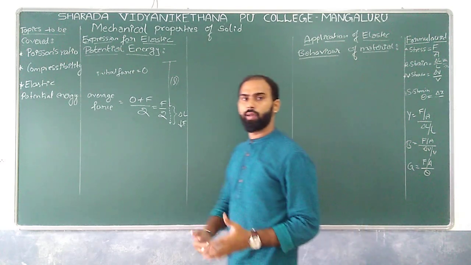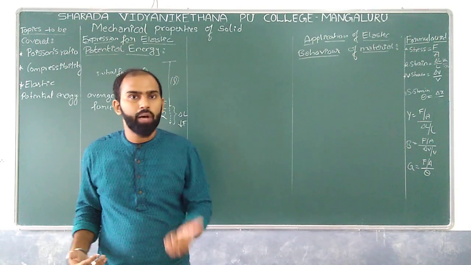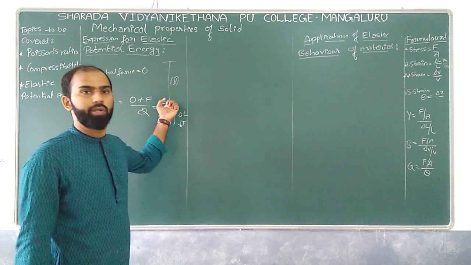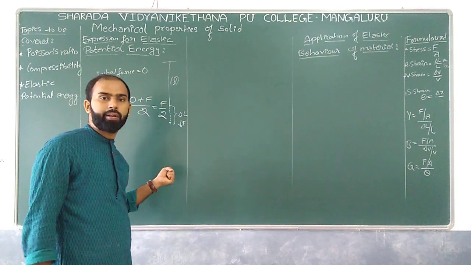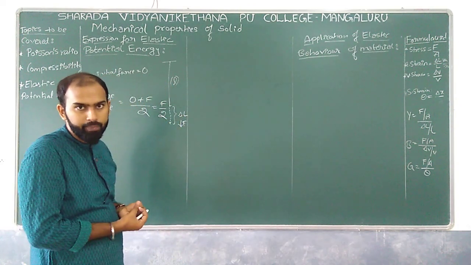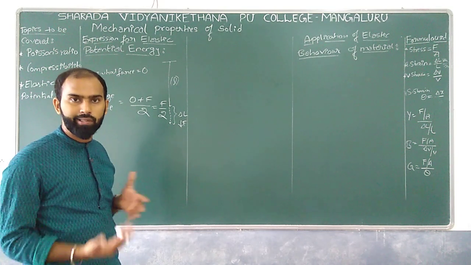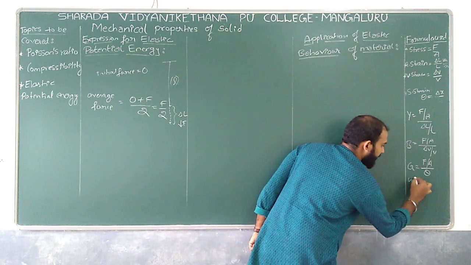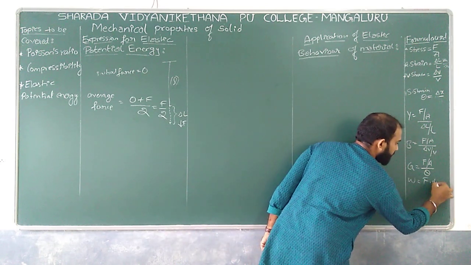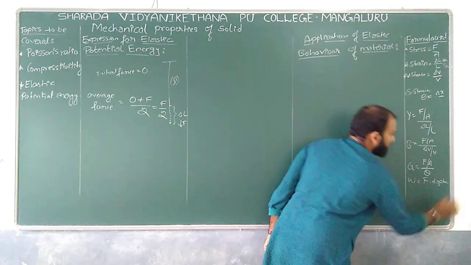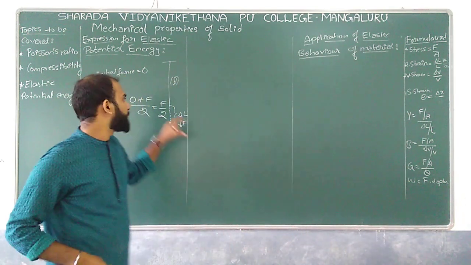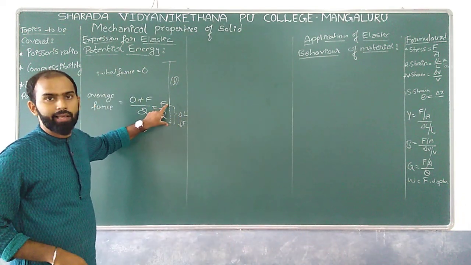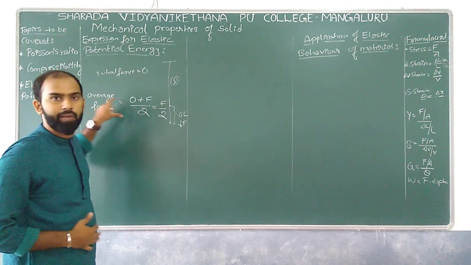Similarly, what is the amount of work needed to stretch a wire from one point to another point? What is the formula we have for work done? Work done is equal to force into displacement. The displacement here is delta L, and the force is the average force.